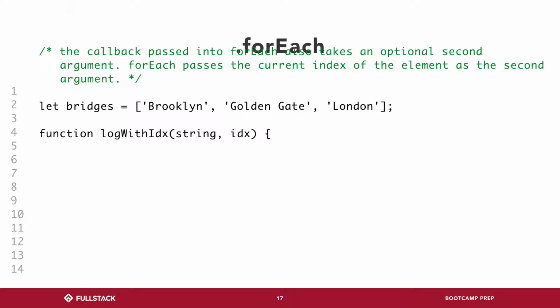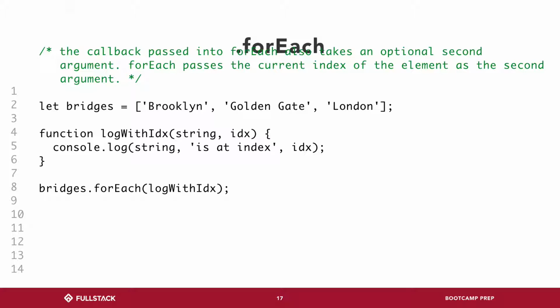Another implied thing that happens under the hood is that the first argument, if you just had string and you did bridges.forEach with the logging function with index, the first element would be the element, but then there's a second argument that gets passed. This is all under the hood; we don't see the arguments being passed, but it's happening. The second one is the index of that element, just in case you wanted to do something with the index. It'll just give it to you for free.